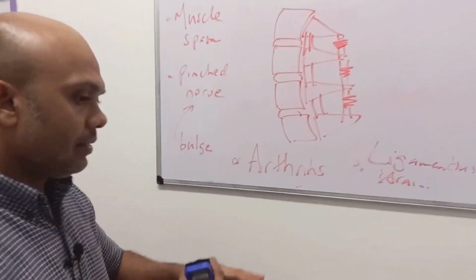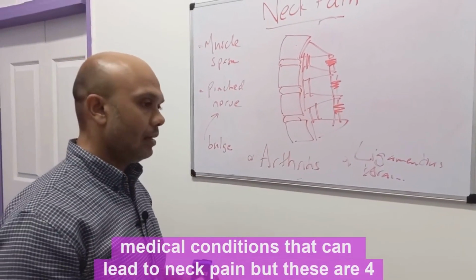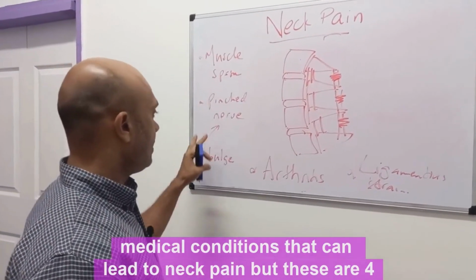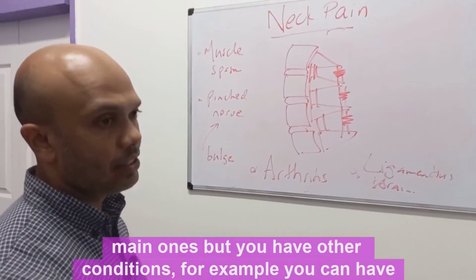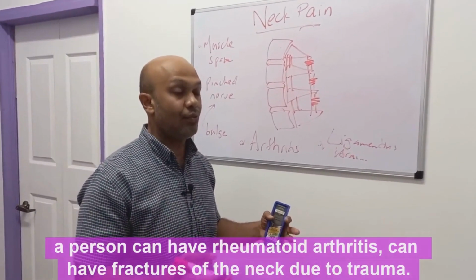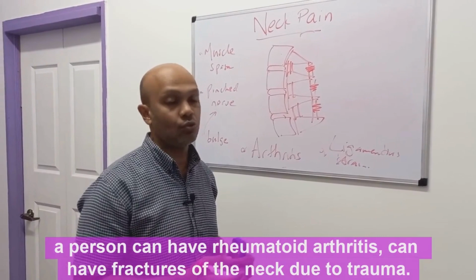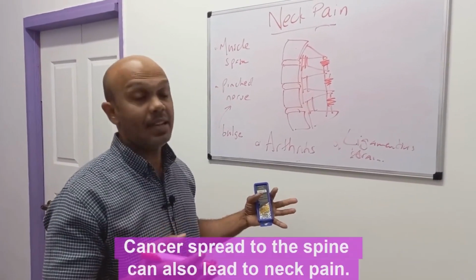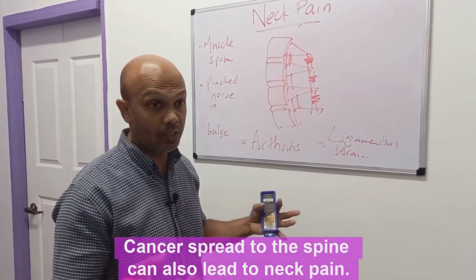Of course there are other medical conditions that can lead to neck pain, but these are four main ones. But you have other conditions. For example, you can have rheumatoid arthritis, you can have fractures of the neck due to trauma. Cancer spread to the spine can also lead to neck pain.